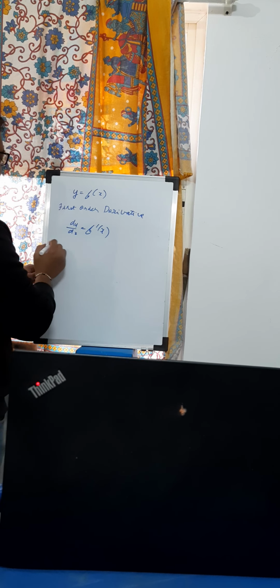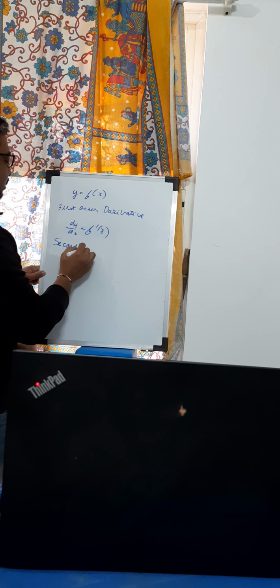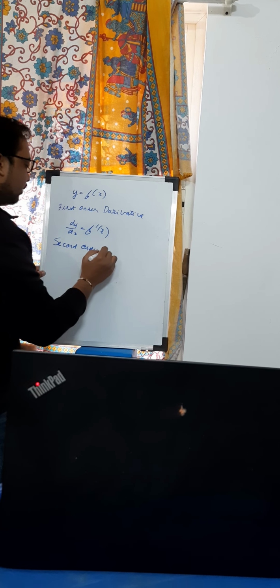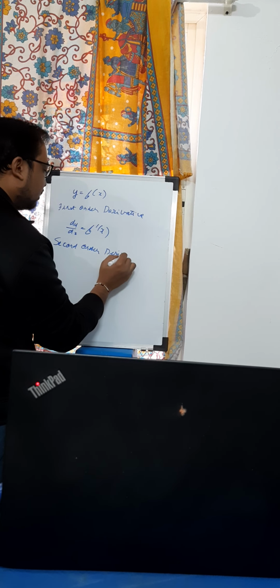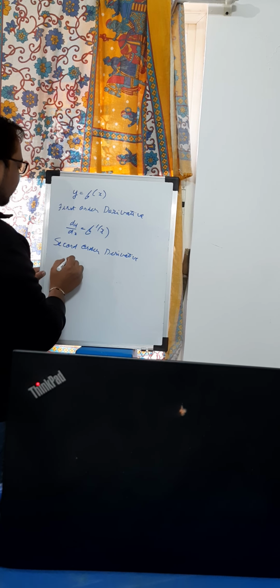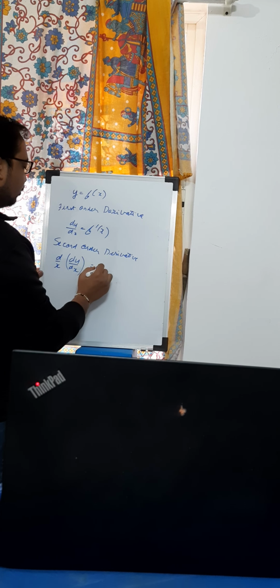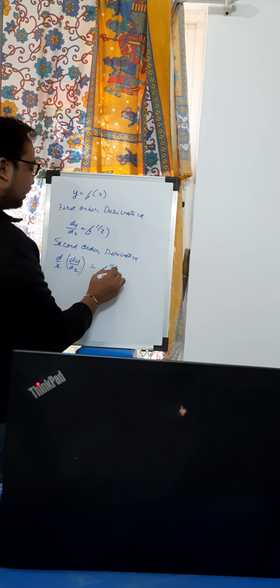Then there is the second order derivative. That is d by dx of dy by dx, which is equal to f double dash x.